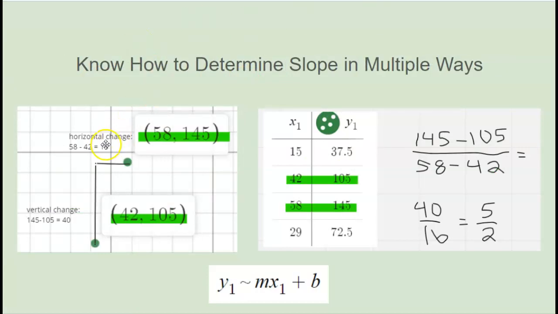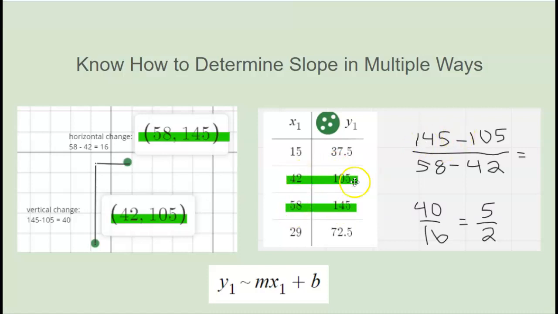Another thing we mentioned before is that you know how to calculate slope in different ways. One way is to look at a graph and calculate vertical change, or rise over run. You can also use the slope formula, subtracting a y value minus the other y value, and then the x value minus the other x value.